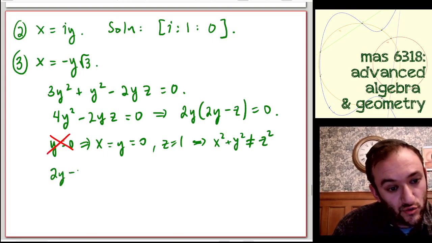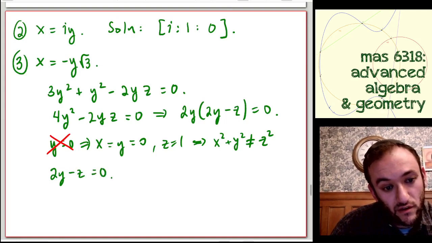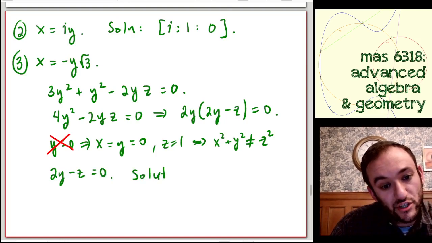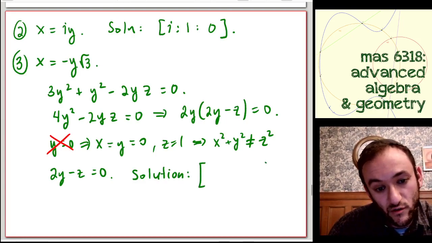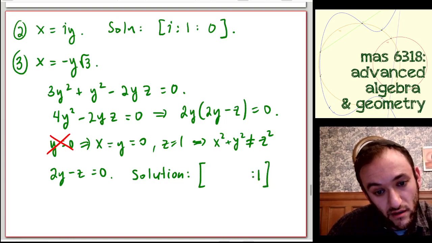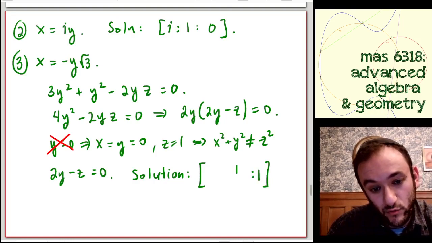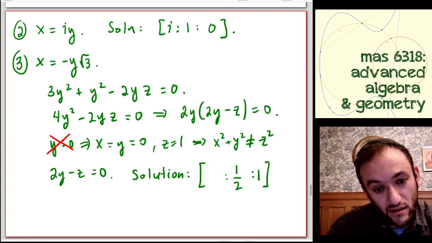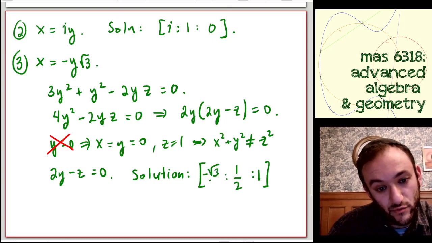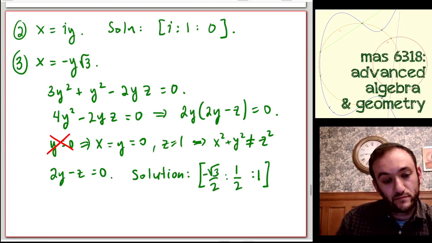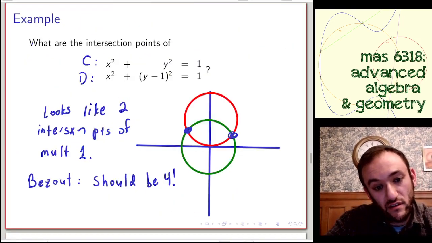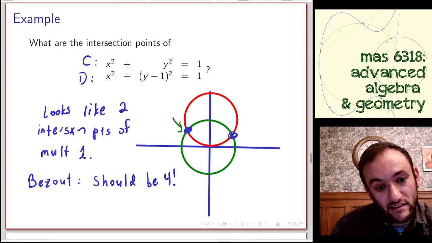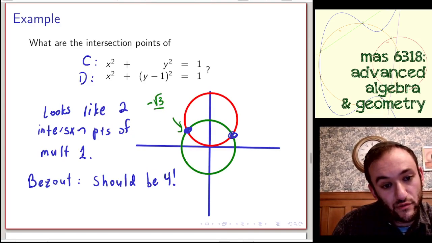Instead, we say 2y minus z equals 0, and that gives us the following solution. We'll start with z. z is going to be 1, then y will be a half, and x will be minus root 3 over 2. And if we look back at our graph, this is exactly minus root 3 over 2 and a half.